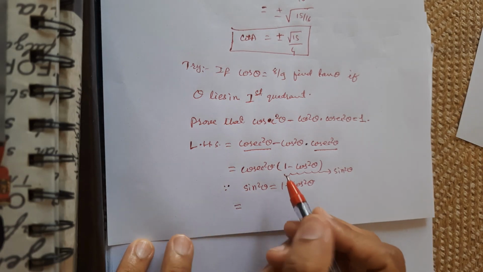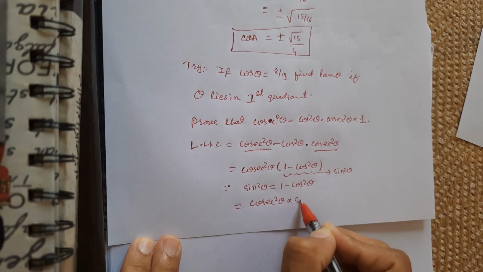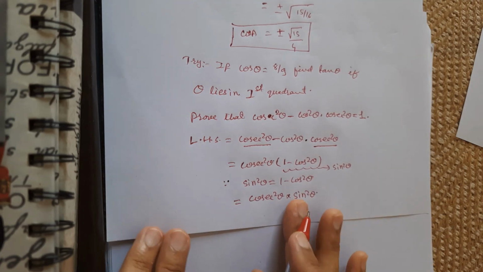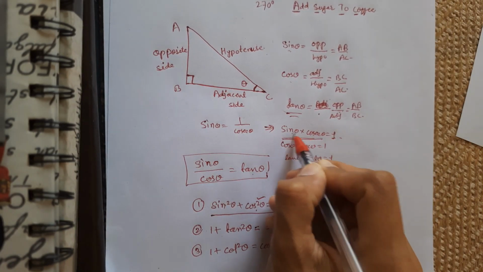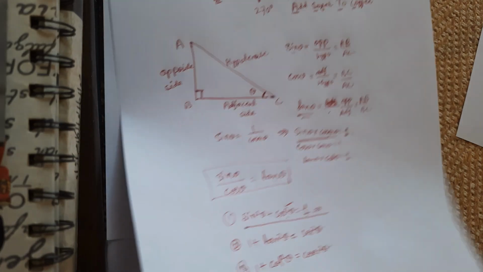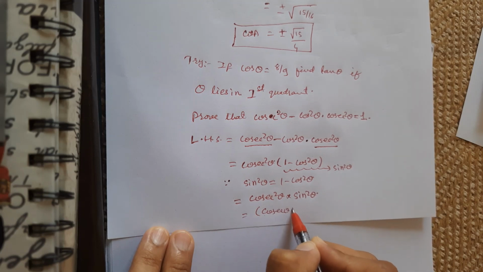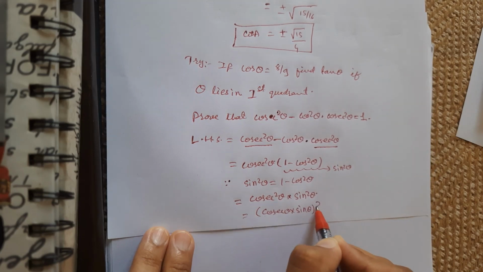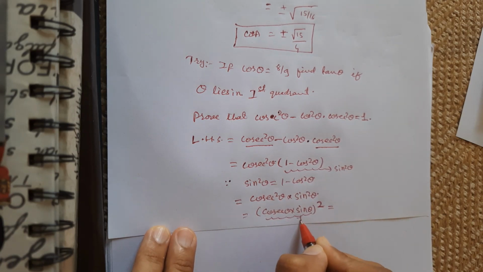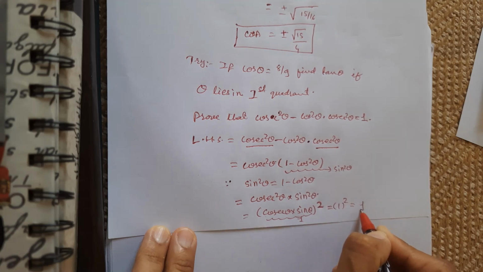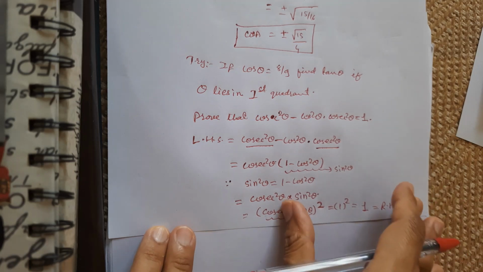So I'll get cosec square theta into sin square theta, and from the inverse identity I know that sin theta into cosec theta is 1. So what will I get? Cosec theta into sin theta, squared, because they both have square terms, and this is 1, so 1 squared, which is equal to 1, which is nothing but your RHS. So that's how we prove it.